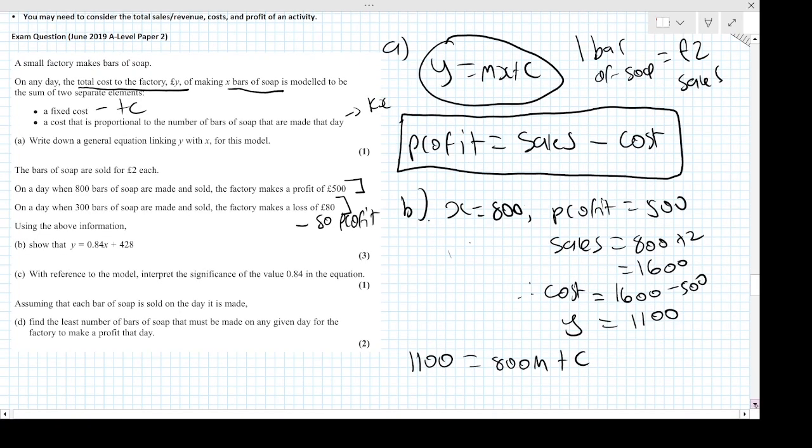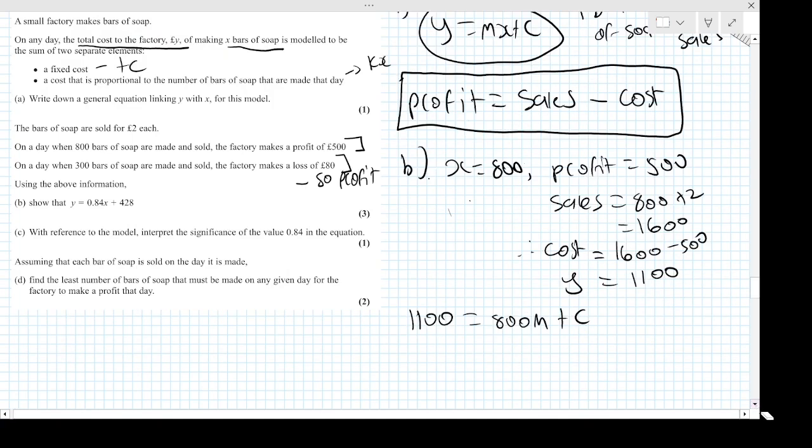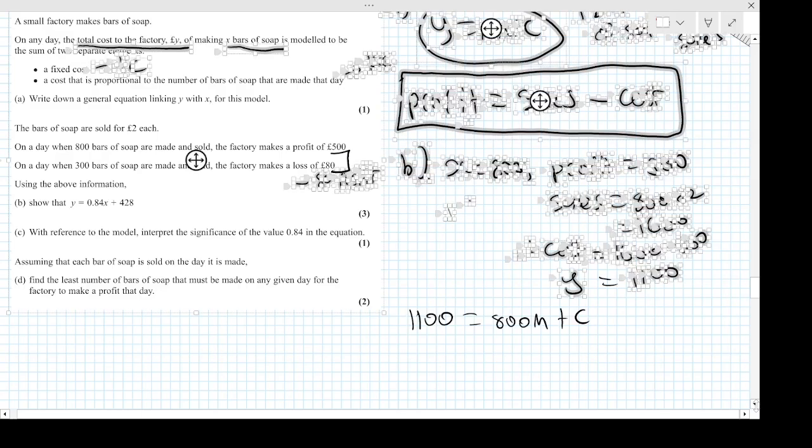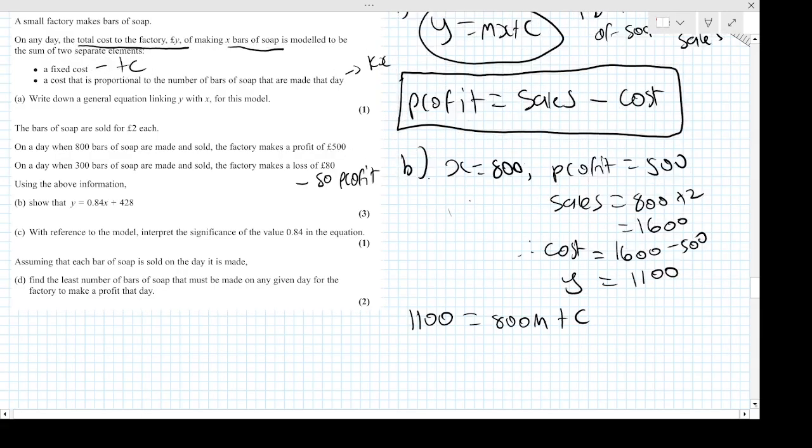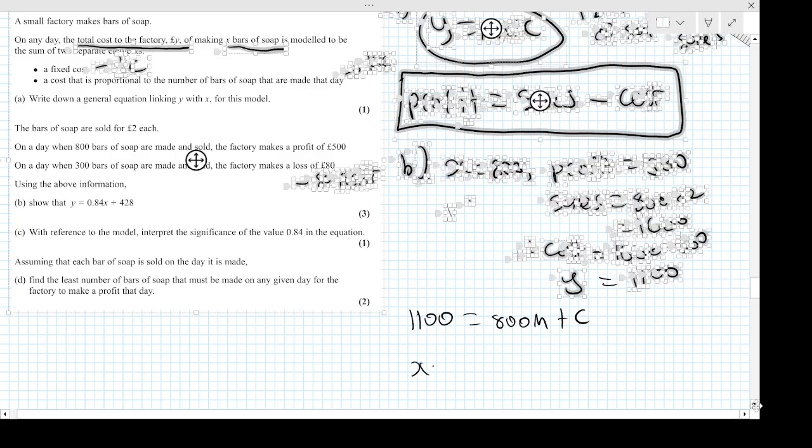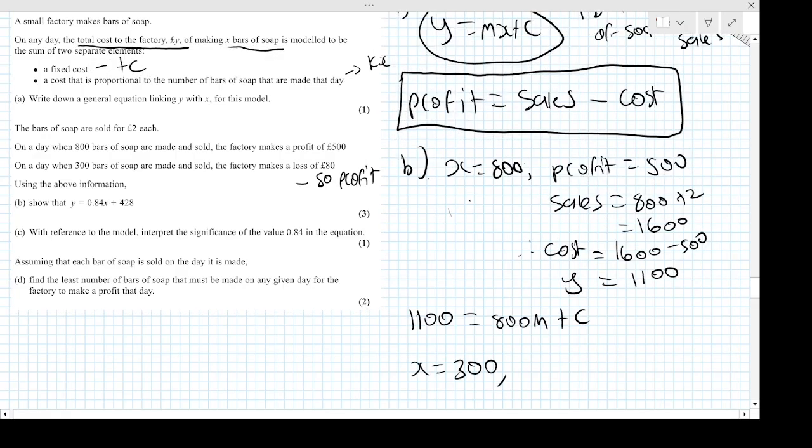Okay, that's one equation. But I can also use this second sentence here. On a day where 300 bars of soap are made, that's when x is 300. That's the number of bars of soap. The factory makes a loss of 80, so that means the profit is negative 80.